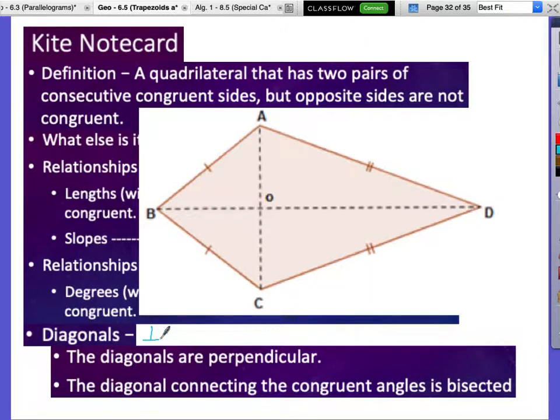Okay. So here, what pair of angles would be congruent on this kite? A and C. Because A splits these non-congruent sides, and C also splits the non-congruent sides. Now, which diagonal here would be bisected? AC would be bisected, so that means AO is congruent to OC.